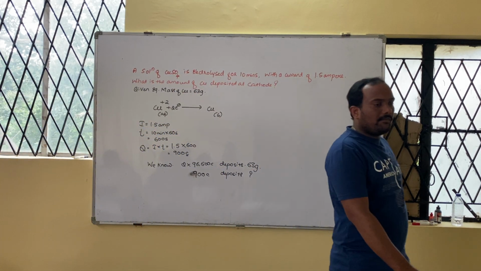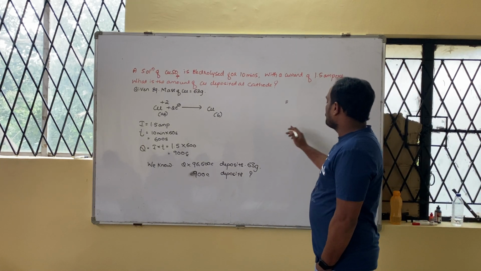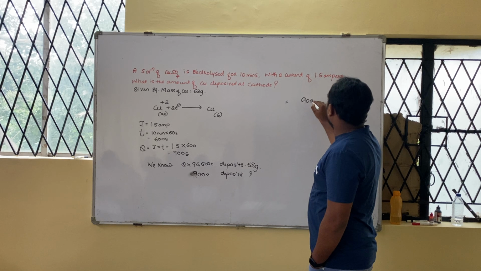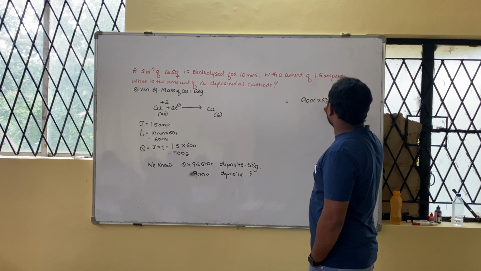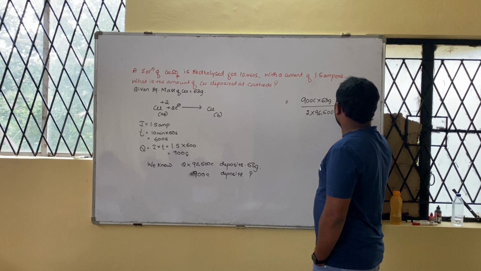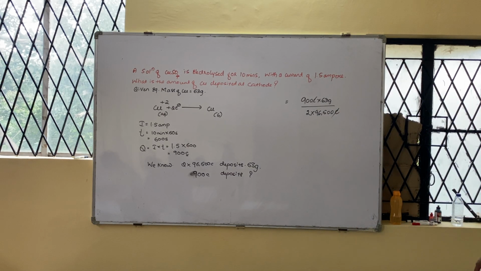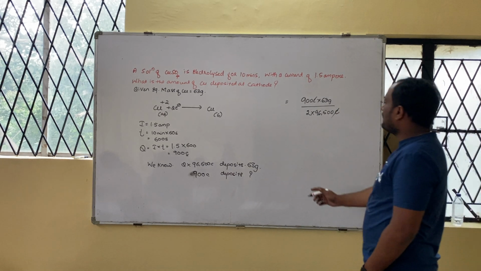Anybody? How do you calculate? That is equal to 900 coulomb into 63 gram divided by 2 into 96,500 coulombs. Coulomb will get cancelled. 900 into 63 divided by 2 into 96,500 is your answer. How much?